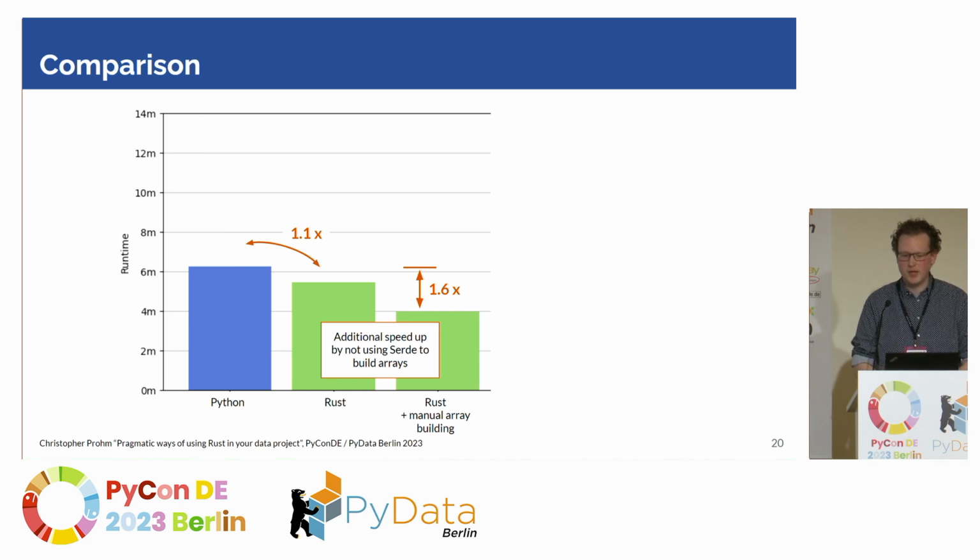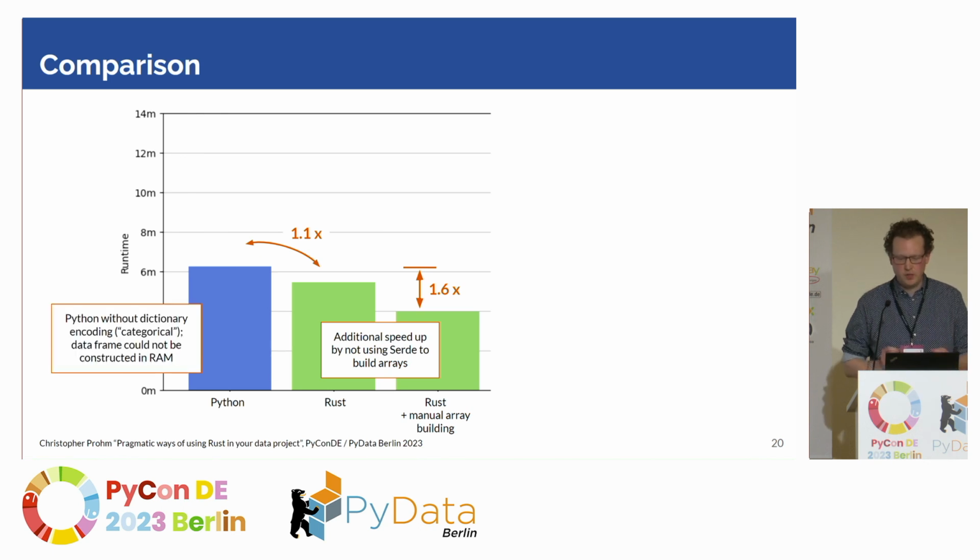However, I was kind of lying to you, because the big problem here is that the Python implementation actually doesn't work at all. I have something like 16 gigabytes of RAM, but the overall data set is something like 32 gigabytes. So I can't fit it in RAM, and I can't really process it. The issue here is that you have very many repeated elements.